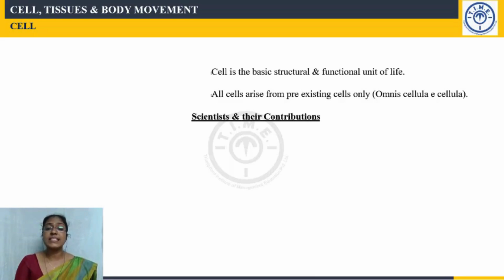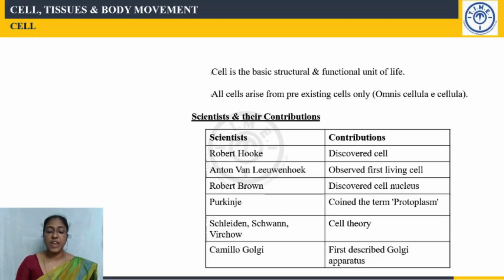Then scientists and their contributions. We have to keep in mind the names of the scientists. Robert Hooke discovered the cell. So when a question comes, who discovered the cell, you can answer Robert Hooke.